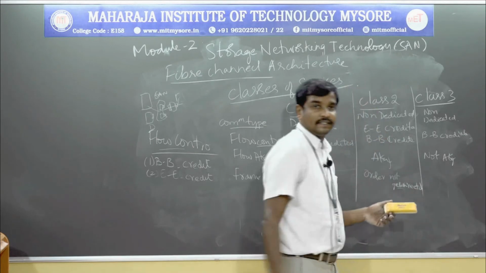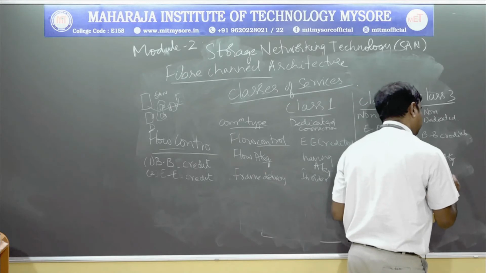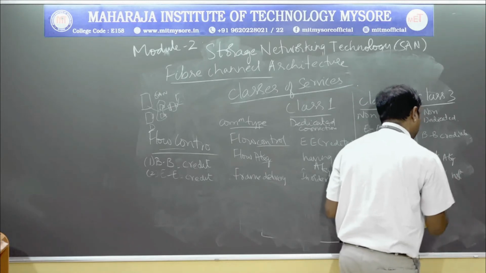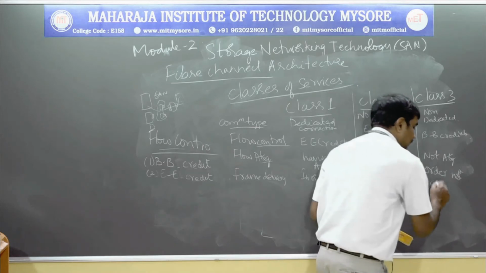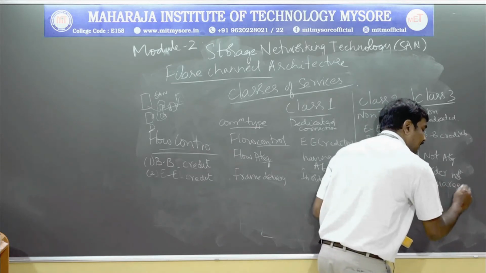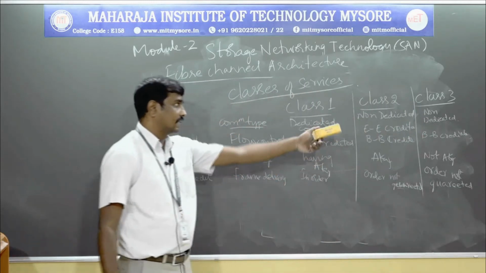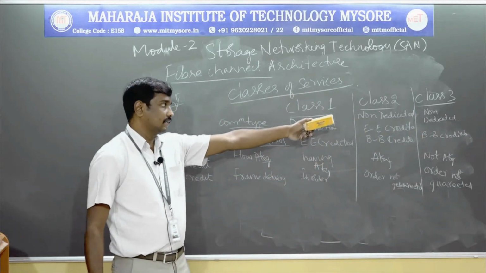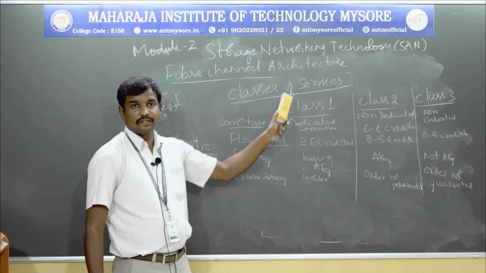Class 3 is also transmitted in order, but it is also not guaranteed. This is the difference between class A, class 2 and class 3 connections whenever we are talking about the services.